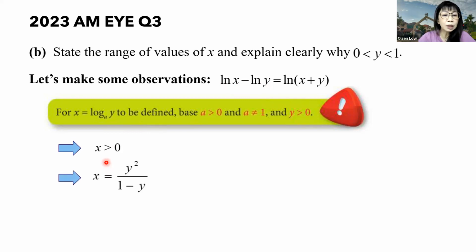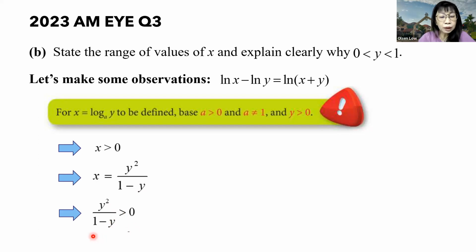Now, with this, we move on. In part A, we have already derived x as the subject, where x equals y squared divided by 1 minus y. Since x has to be greater than 0, I know that y squared over 1 minus y has to be also greater than 0.